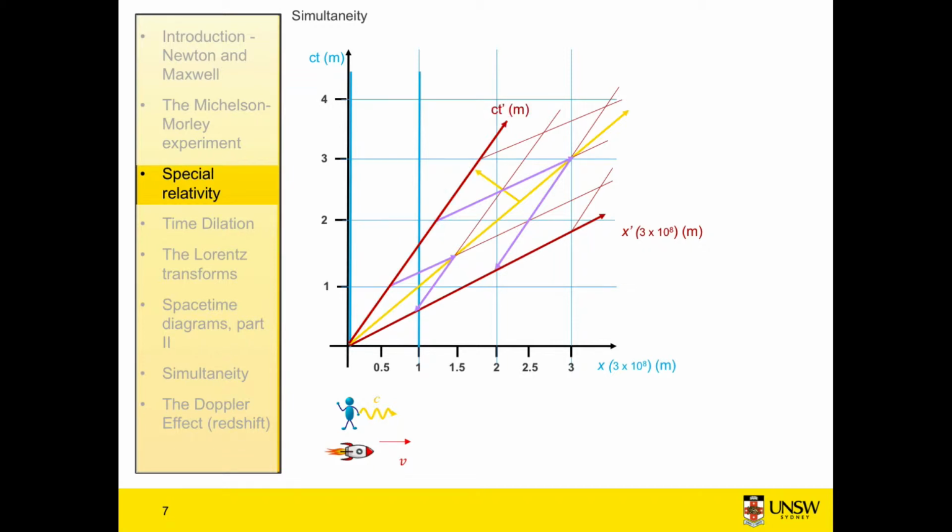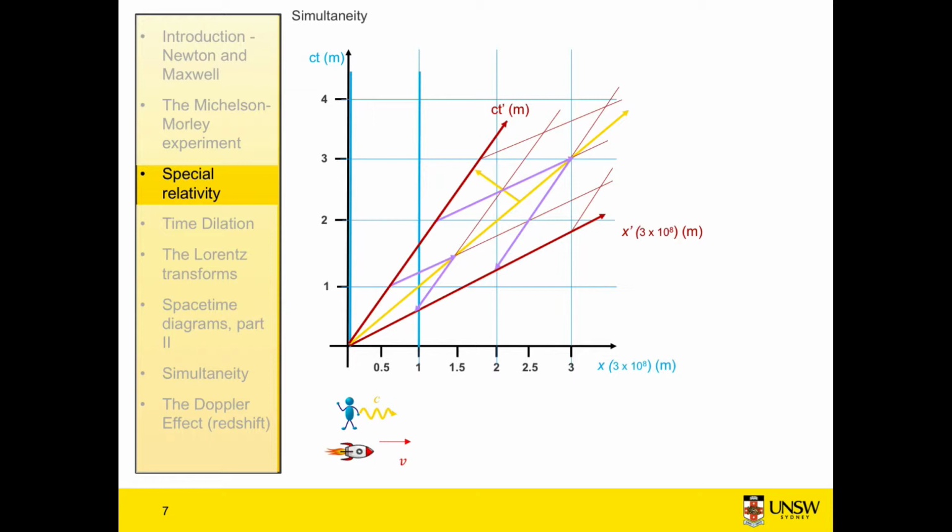So from the point of view of our stationary man, we represent an object moving at some velocity v using this red axis. So for the object moving at some velocity v, that red axis is the reference frame of our rocket ship travelling at some velocity v.